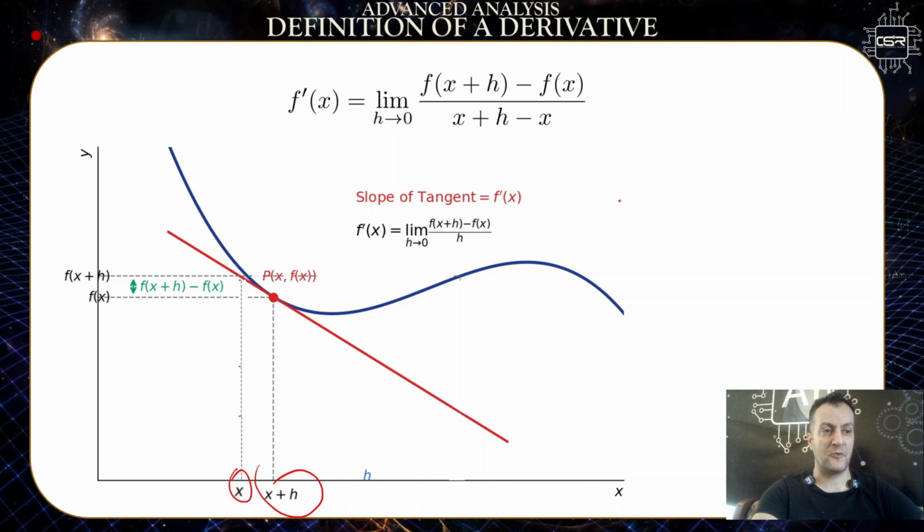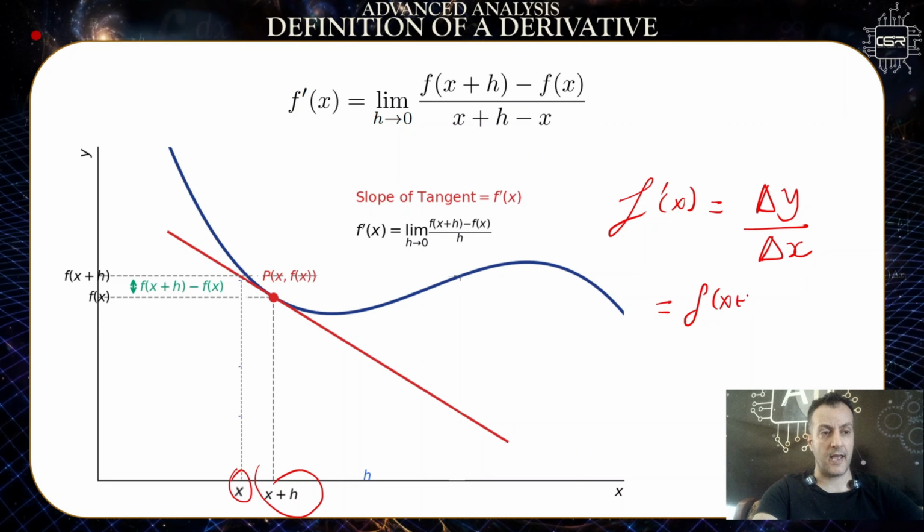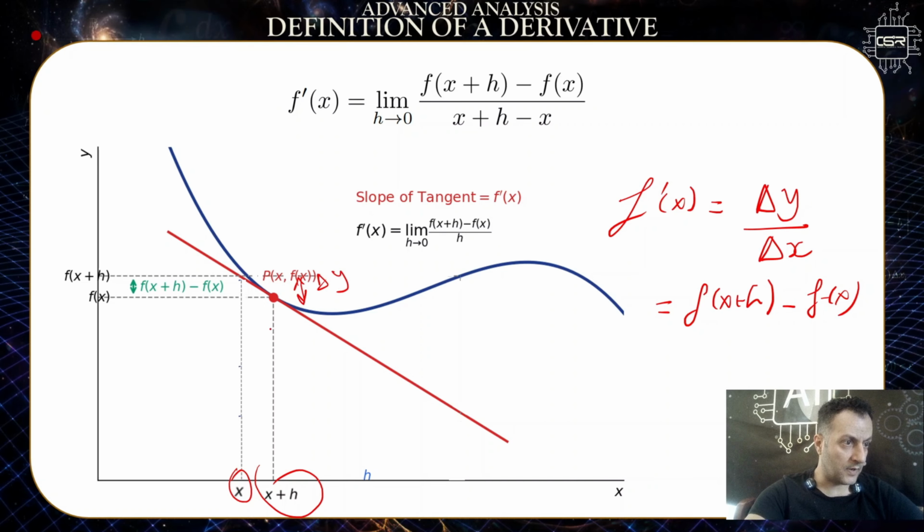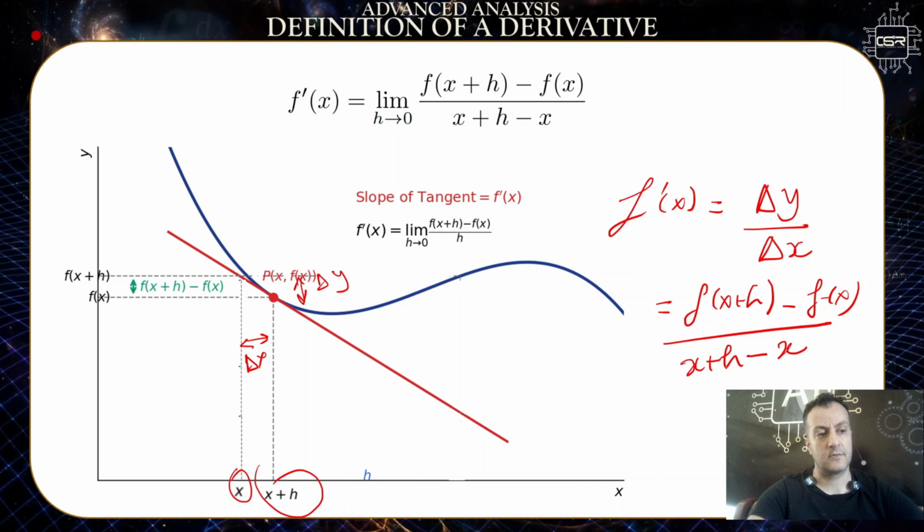So f prime of x, in other words, is delta y over delta x. What is delta y? It is f of x plus h minus f of x, so it is this distance. This is divided by delta x, which is the run, or x plus h minus x, or simply h.